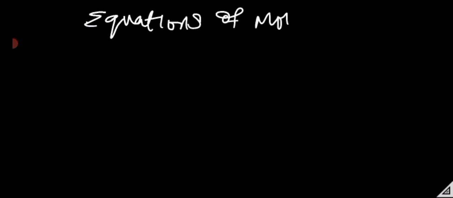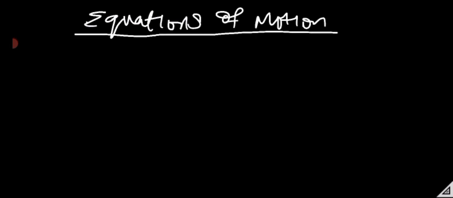In talking about the equations of motion, there are 4 equations of motion. For these 4 equations of motion, we concentrate on 3 because any question can be solved using the 3 equations of motion, right? So let's go into it.